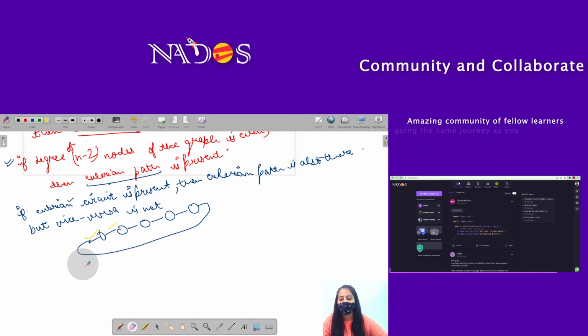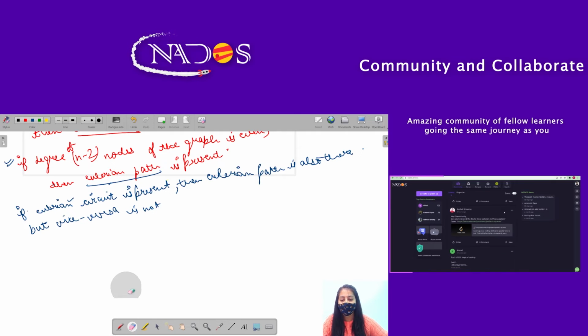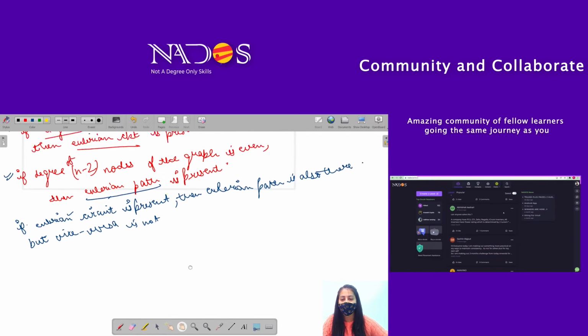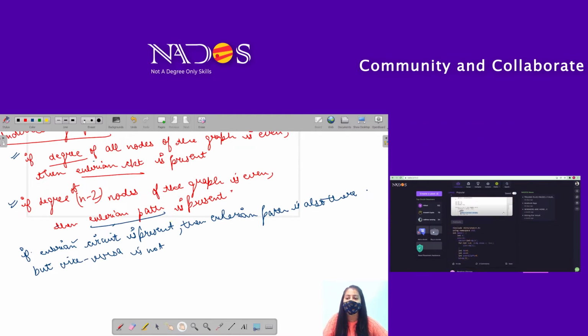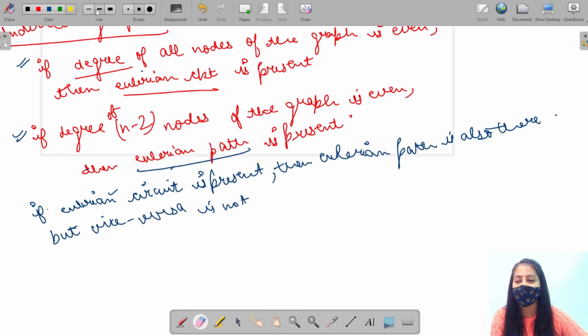So these are the two conditions. If an undirected graph is given to you, and the degree of all the nodes of the graph, that is the number of edges connected to a node, is even, then an Eulerian circuit is present in the graph.